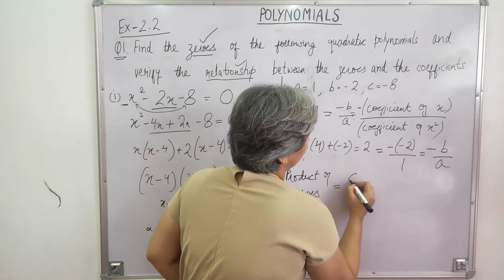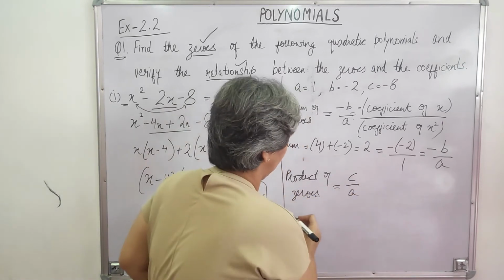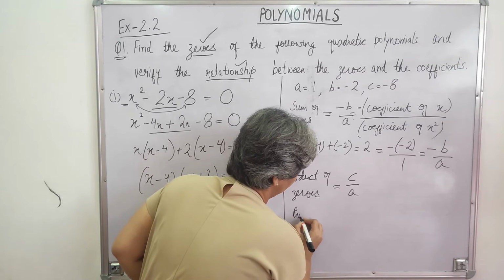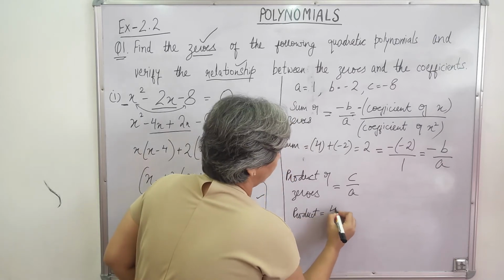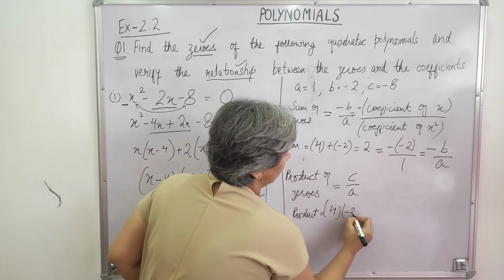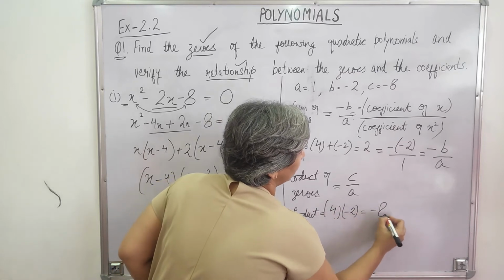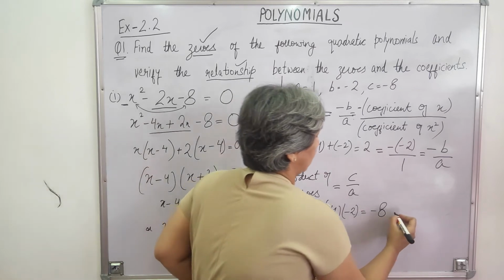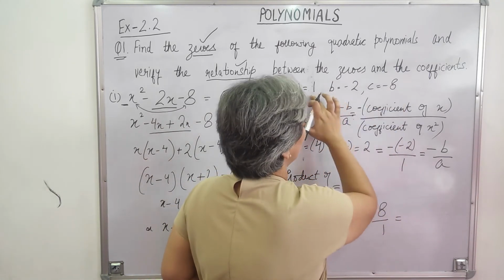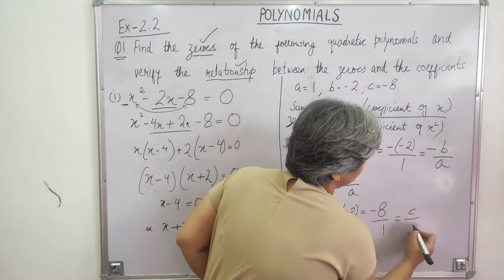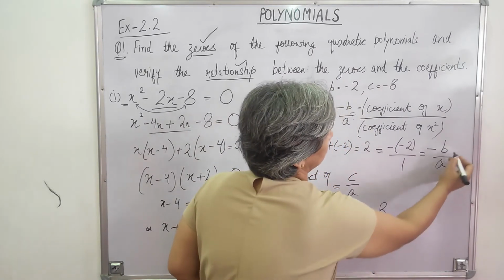So now let's do the product of zeros. We had 4 and we had minus 2, which will give me minus 8. So minus 8 is c, a is 1. So this is again established.